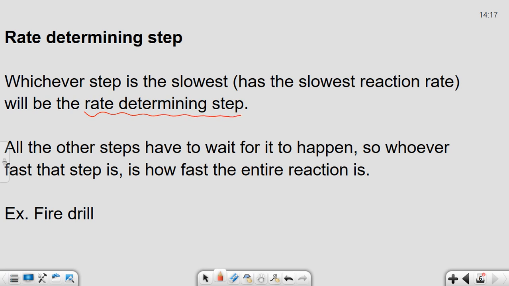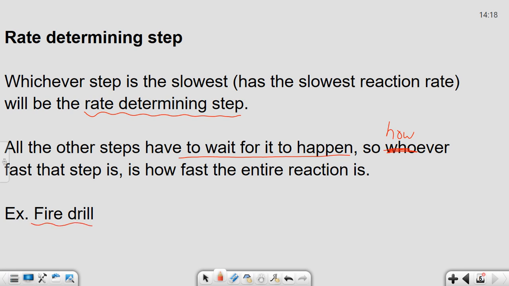So that means it's a really, really important part of the mechanism because it's going to tell you how fast the entire reaction happens. All the other steps have to wait for it to happen. So however fast that one rate determining step is, that's how fast the whole reaction is.